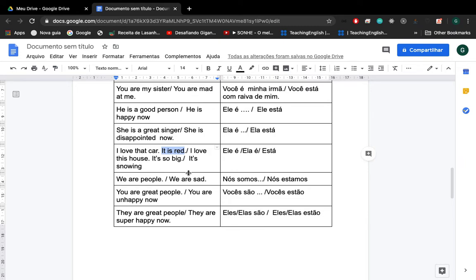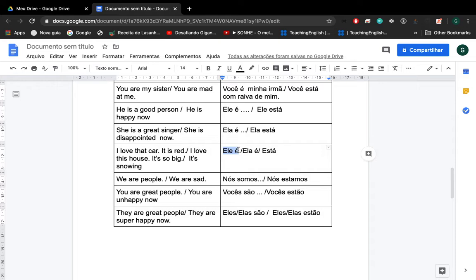I think that's the way in the US too, but I don't know about other countries. So, but the point is, if the car is red, it's gonna keep being red, okay? So, as it's male gender, it's gonna be translated as ele é.